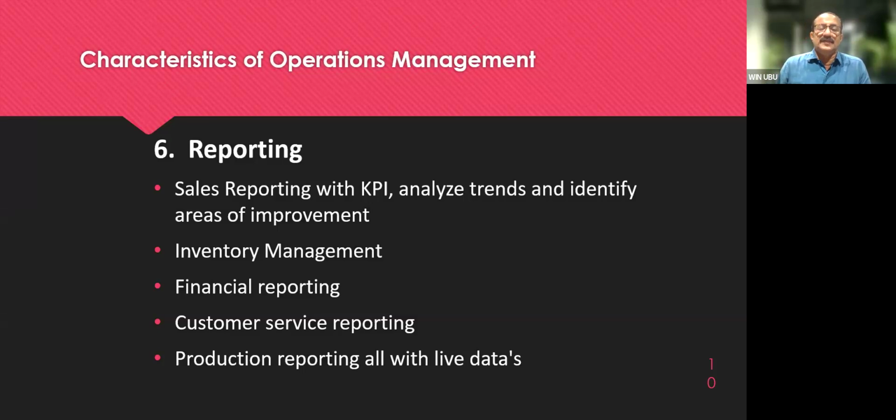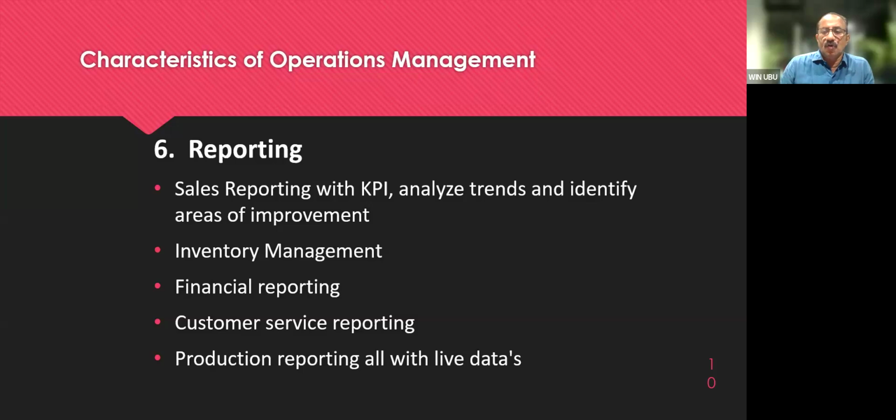In sales reporting, the key productive indicator shows whether they are reaching that target or productivity given to them, because they have already received the key productive indicators.